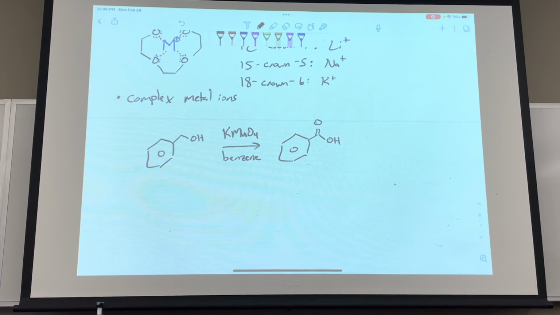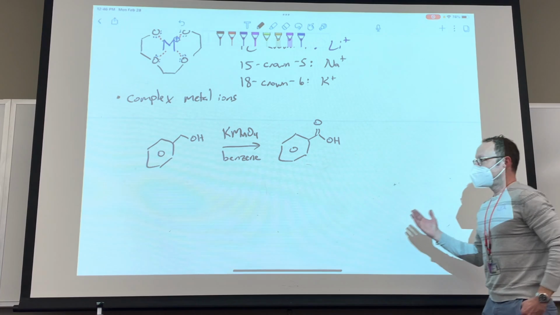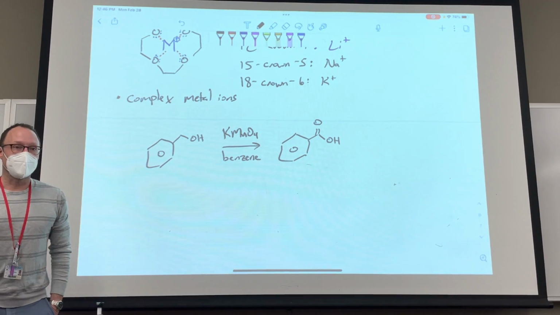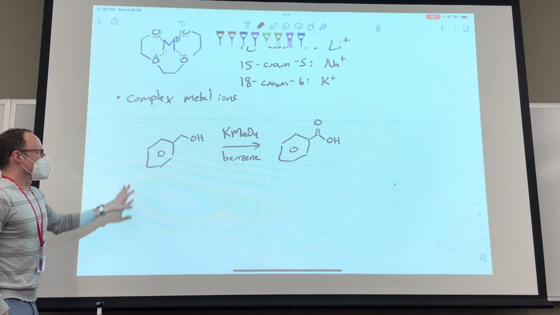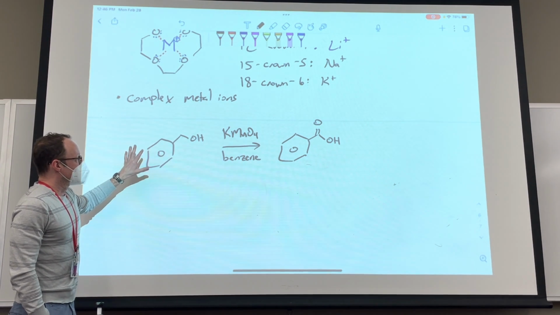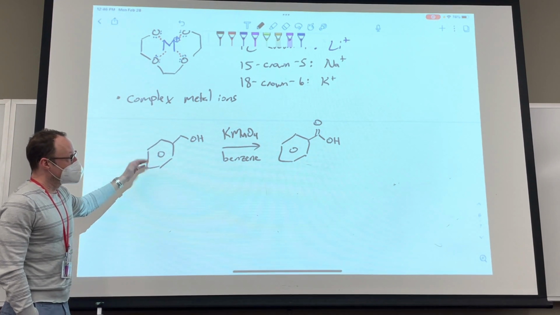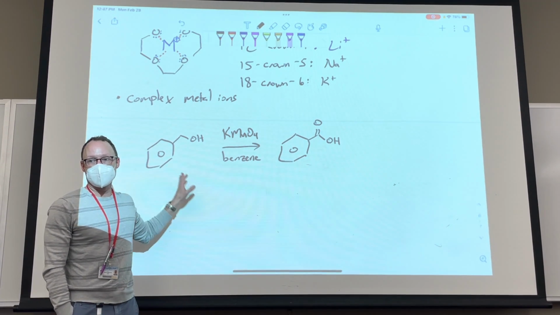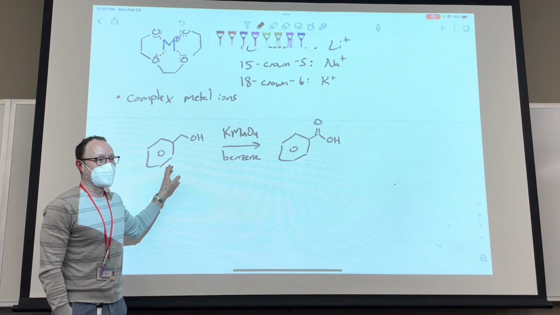We know that the benzyl alcohol that we're starting with, the reason we chose benzene is because we have a pretty good pairing there. Like dissolves like. You have a relatively non-polar solute and a relatively non-polar solvent, so that should dissolve well.